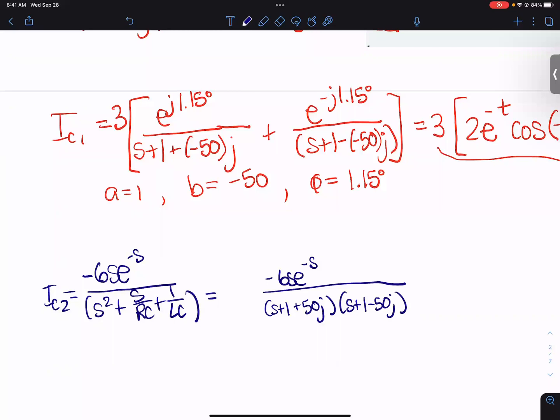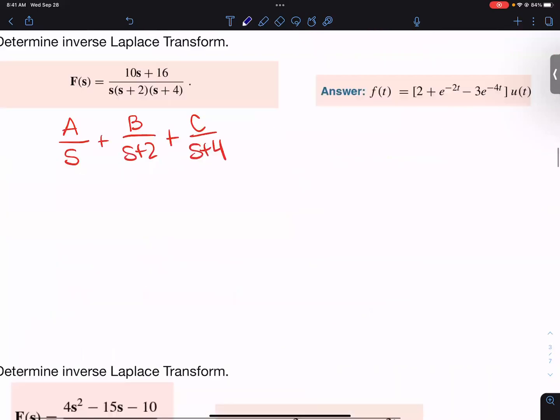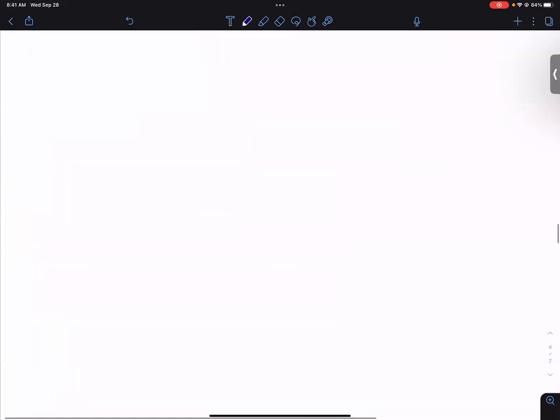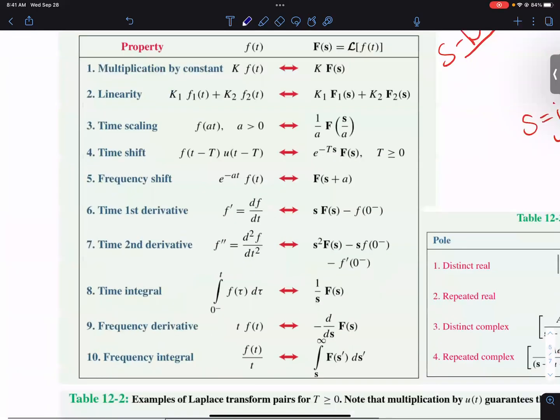And so looking at the properties here, we notice that if we have this form, which is just e to the minus at times f of t, it does a frequency shift. So all we have to do is use this property.